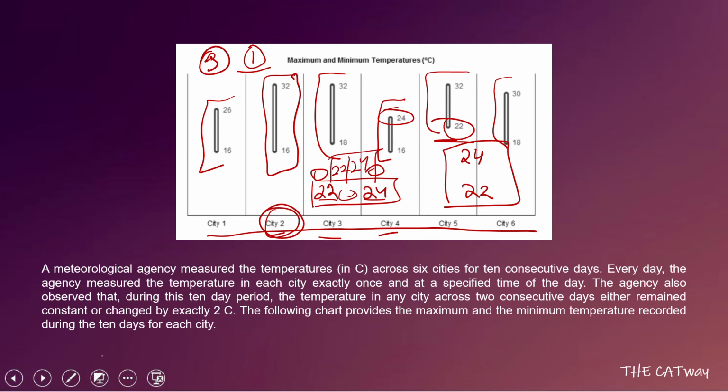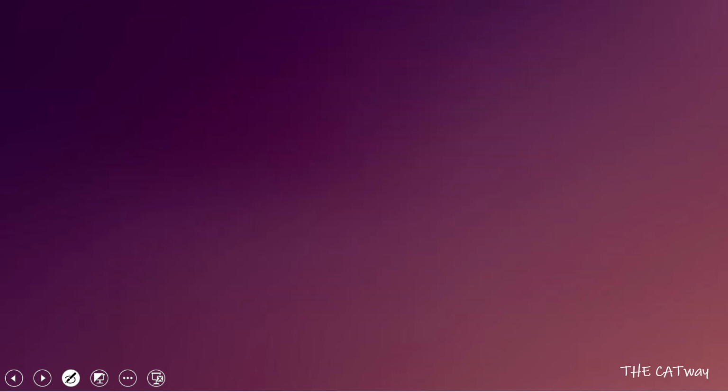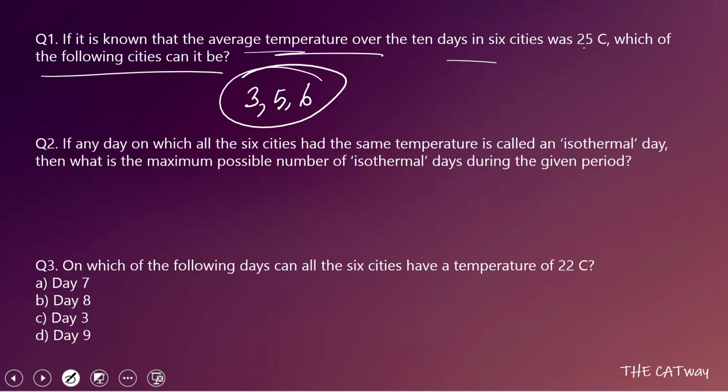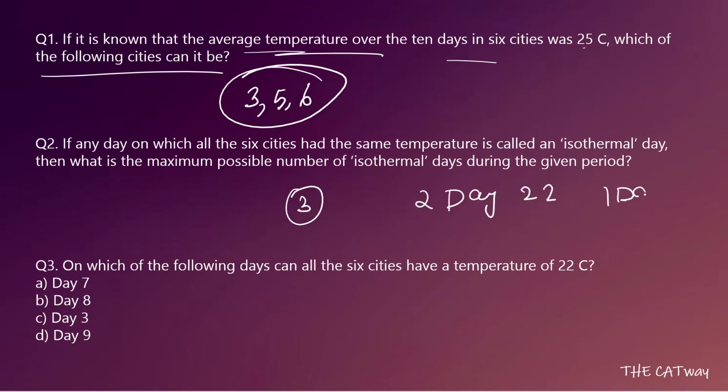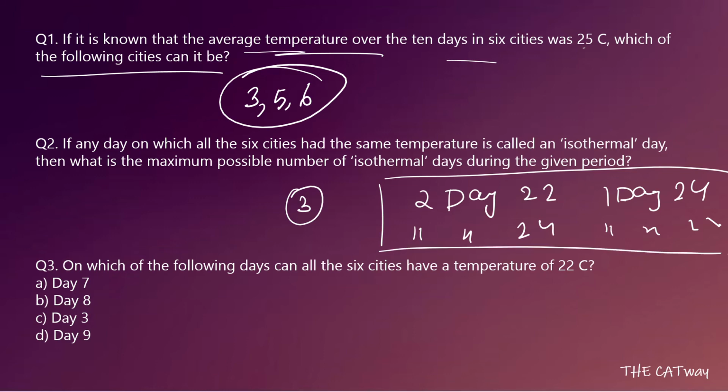So there are going to be 3 days on which all the cities can have the same temperature, and that temperature is going to be 22 or 24. Okay, it can be either 2 days 22 and one day 24, or 2 days 24 and one day 22. Any case can be there, but there are going to be 3 days.